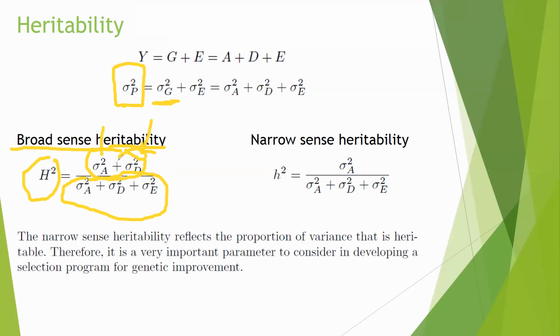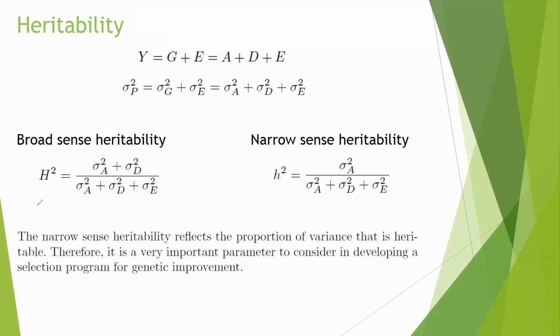But since the non-additive part, or dominance deviation, sometimes is not controllable, we cannot make a good prediction in our prediction or breeding program. So that's why breeders and genetic scientists often use the narrow sense heritability, which is denoted by the lowercase h squared.